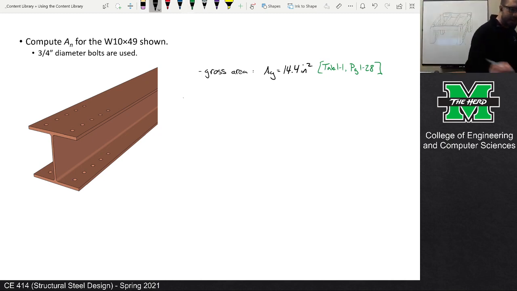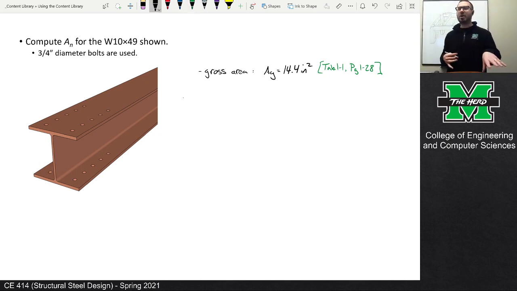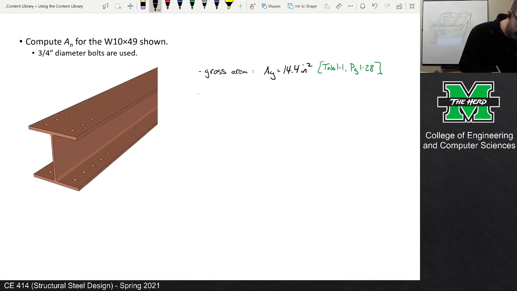Okay. All right. So we've got our gross area. First off, we know the hole diameter. So we know that the bolt diameter is 3/4 of an inch. Therefore, the effective hole diameter is 7/8 of an inch.